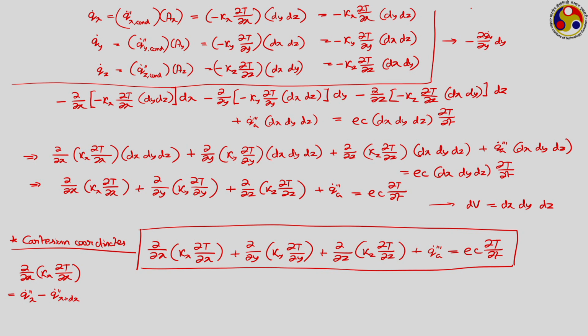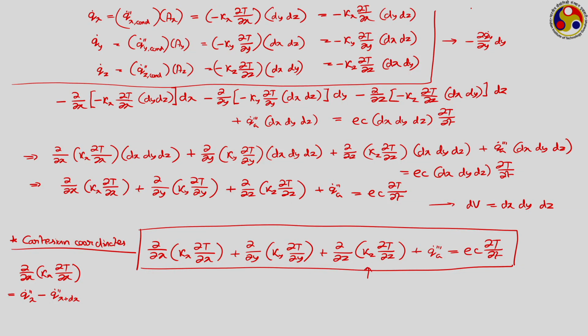Similarly, the second term represents the net conduction flux acting through the two faces having normal in the y direction. The third term represents the net conduction flux entering the block through the areas having normal in the z direction. Then we have a volumetric heat generation, and these four together, three fluxes plus the volumetric energy generation, give you the time rate of change of energy storage inside this block.